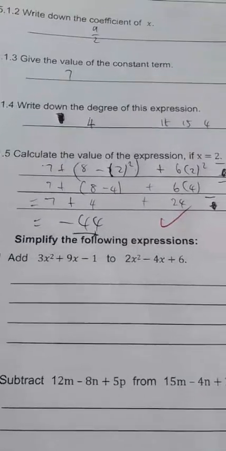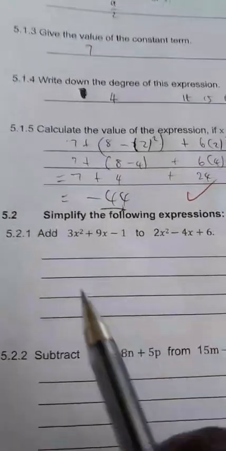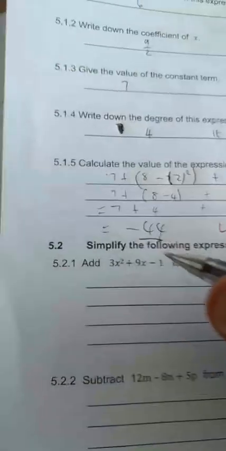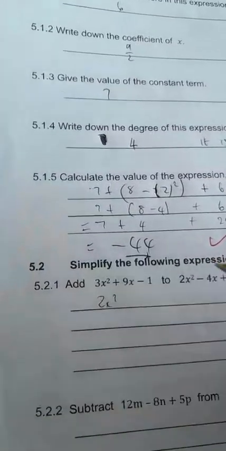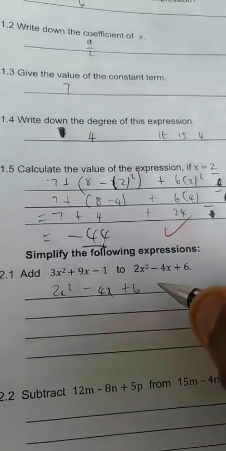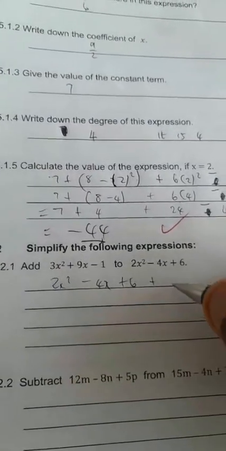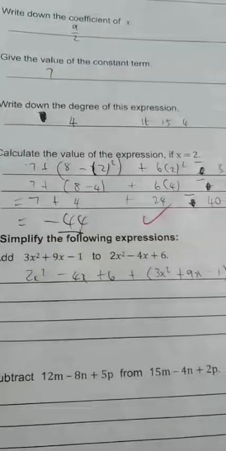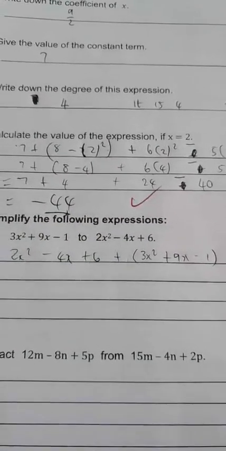Then 5.2.1, simplify the following expression. Add this to that. So in other words, 2x squared minus 4x plus 6, plus 3x squared plus 9x minus 1. Now some of you are probably wondering what's happening here.